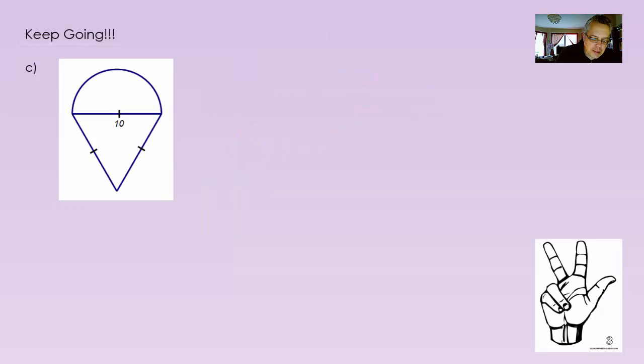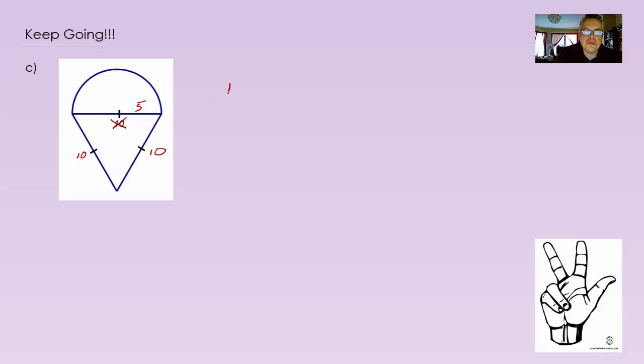Let's try this one. This is an equilateral triangle here, and only one side is labeled, but we know they're all the same. So this side is 10, this side is 10. Remember that we don't need this 10, that's not part of the perimeter. We do need to realize, though, that the radius of the semicircle is 5. Okay, let's do it.